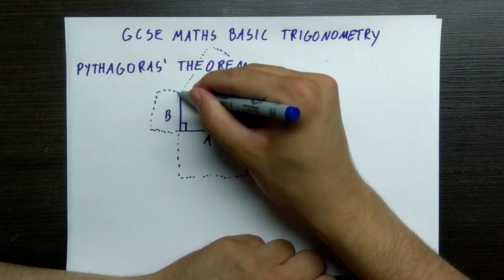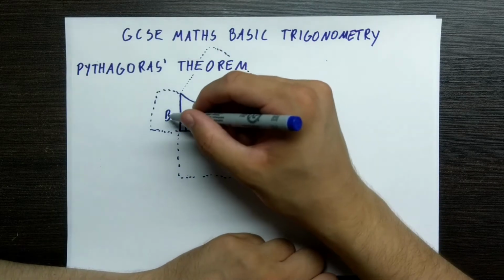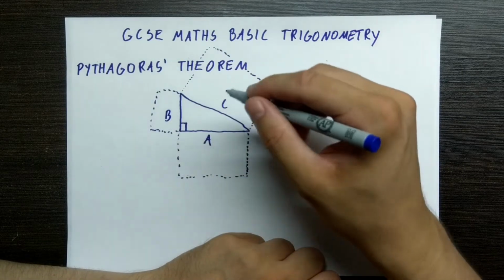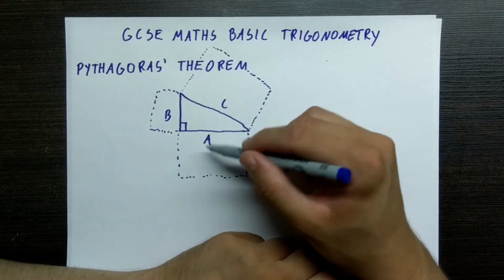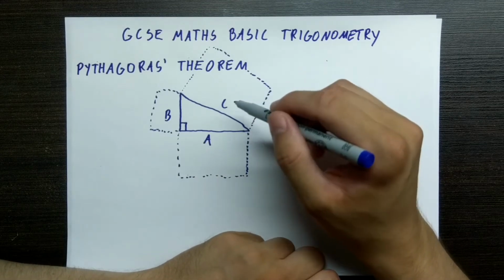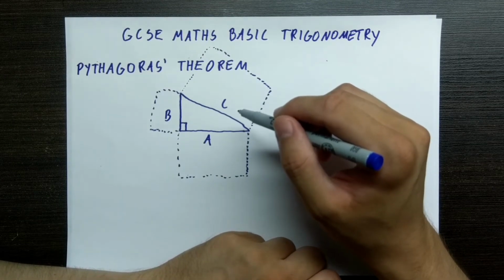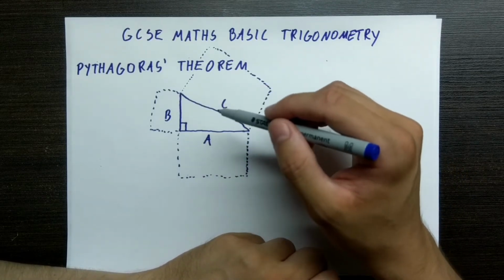If you were to do something like this, this square plus this square would be equal to this square. The area of this square plus the area of this square would be equal to this area. Now we can use this interesting rule to figure out the length of the sides of that triangle.